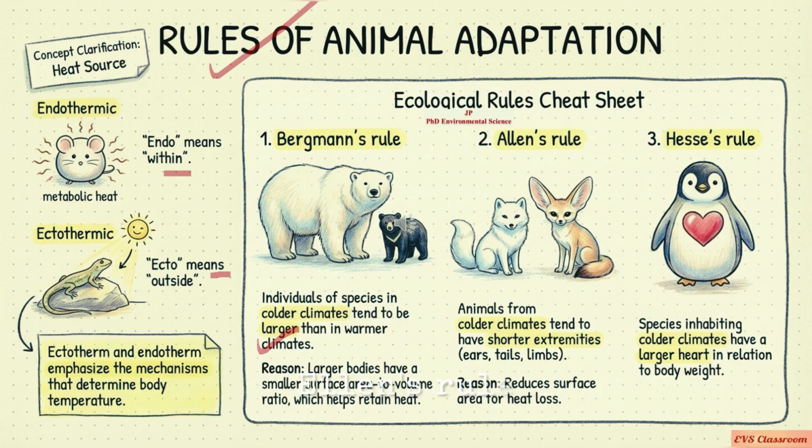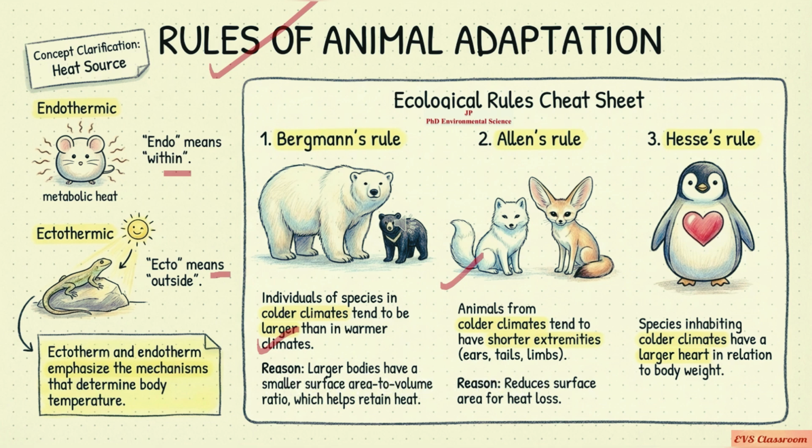Allen's rule. Animals in cold climates have shorter ears, tails, and limbs. Shorter appendages reduce heat loss. Examples: Arctic foxes have short ears, whereas desert foxes have long ears.